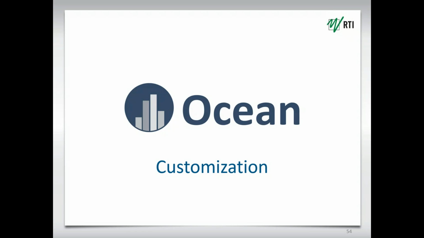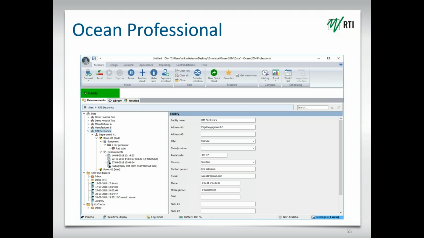And customization is not really what we're talking about when we are looking at the Ocean Quick Check part, which we saw previously. That is the standard off-the-shelf tests and applications that suit many in the industry. But here we're talking about customization to a higher degree. That will then be solved by the Ocean Professional, which is big brother to the Ocean Quick Check.